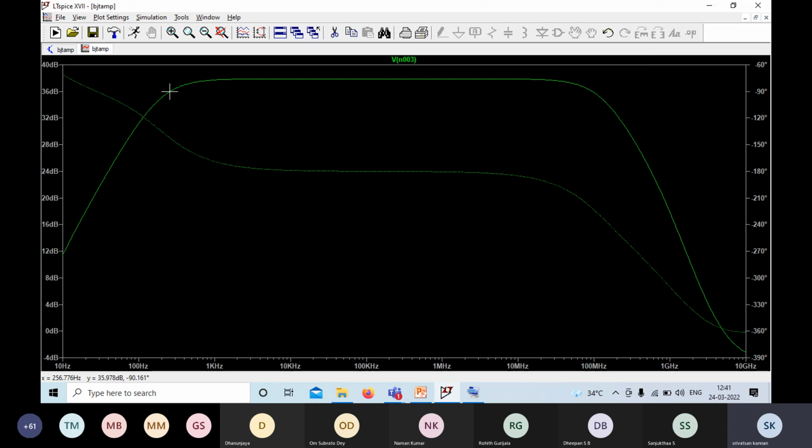So this is F1. And similarly, F2 is 101.2 megahertz. So F2 minus F1 is the bandwidth. So what is the bandwidth of the amplifier? Anyone, please?